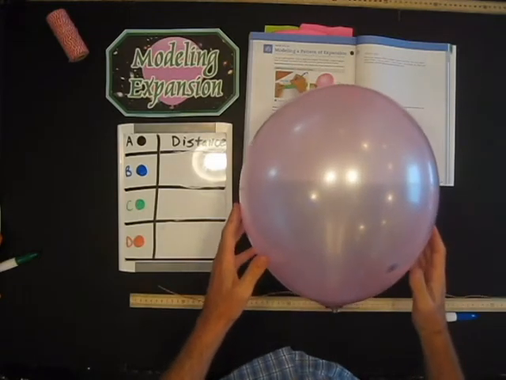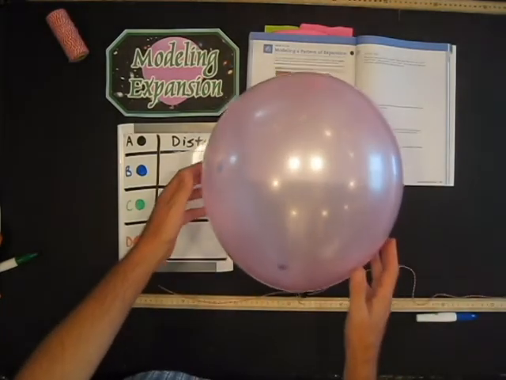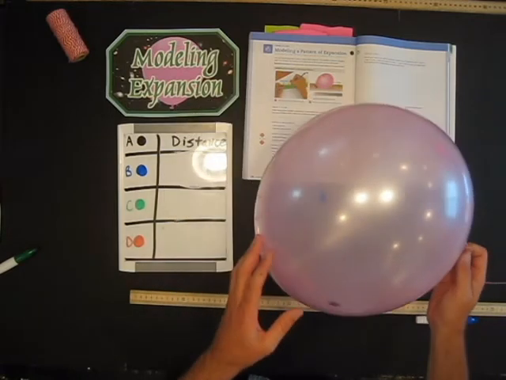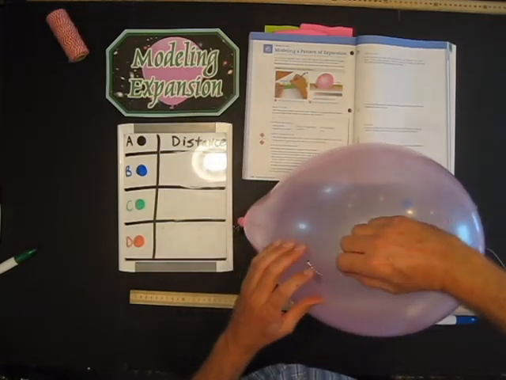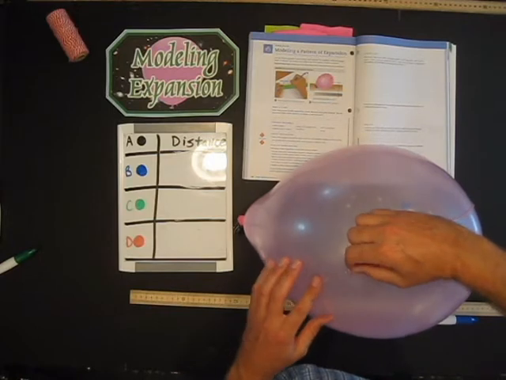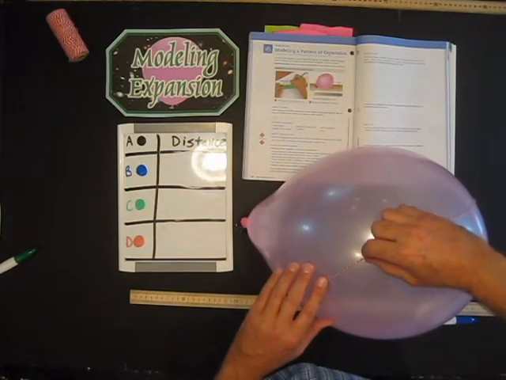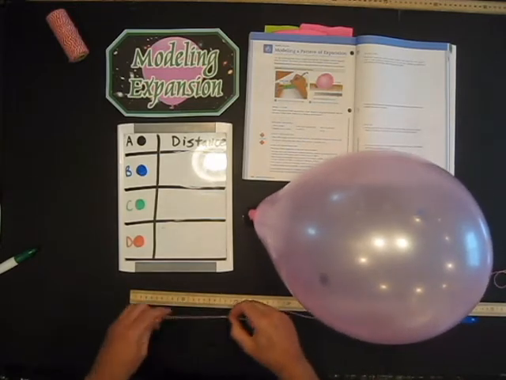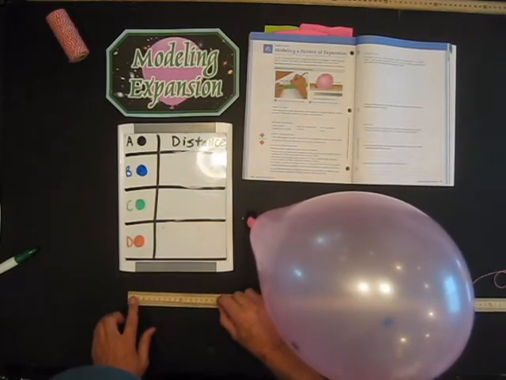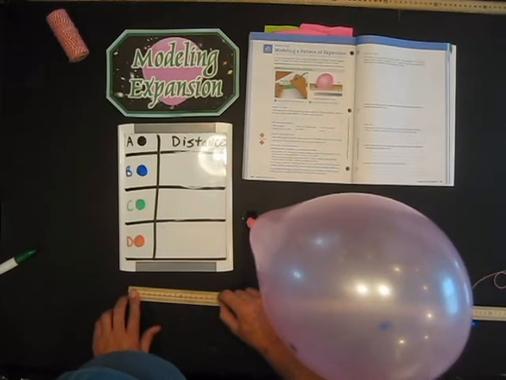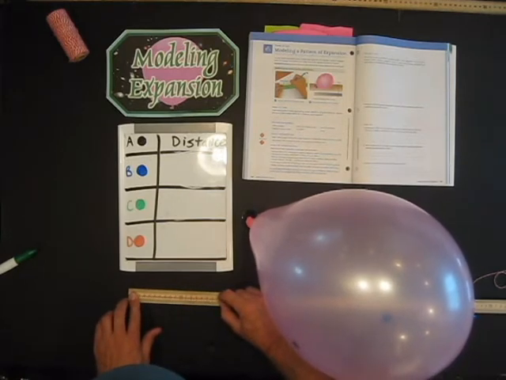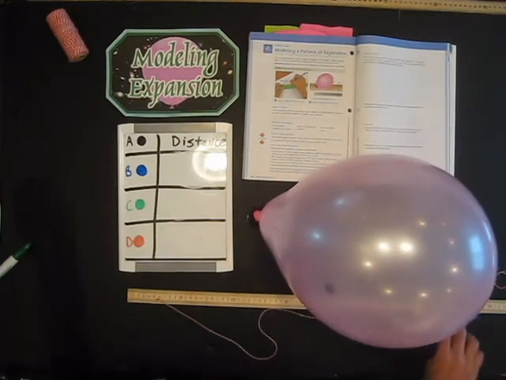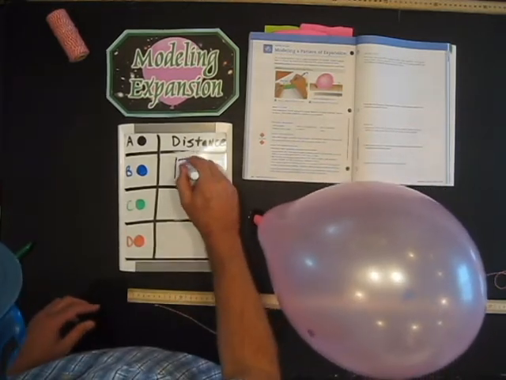That seems to hold it. Okay, so getting bigger now. From the black dot to the blue dot, getting to the point where it's possible it could pop now, the distance is now going to be 17.3 centimeters.